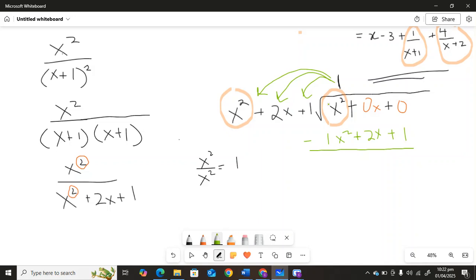X squared minus x squared, 0x squared. 0x minus 2x, you get negative 2x. 0 minus 1, we get negative 1.